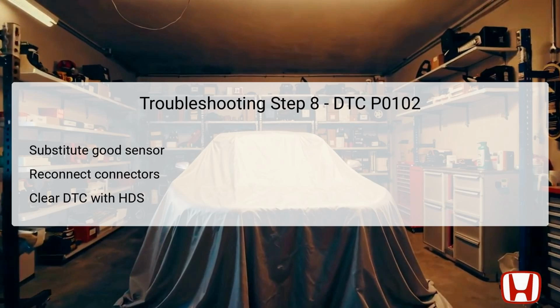After attaching all connectors securely and ensuring everything is back in place, turn to the on mode and clear the DTC using the HDS. Following this, start the engine and maintain the engine speed at approximately 2000 RPM without any load.